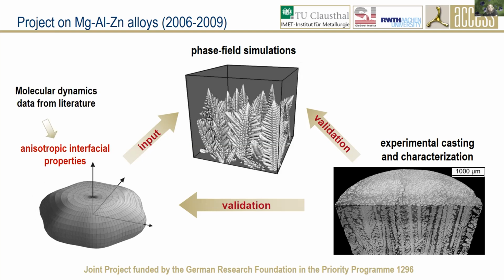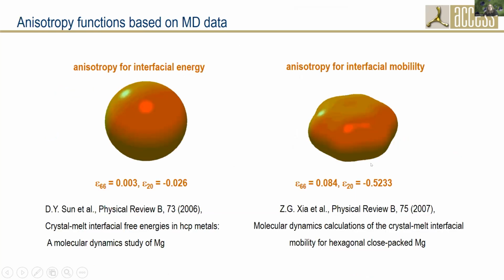And indeed, we were lucky that some data were then published from molecular dynamics calculations for pure magnesium. And this we took as a starting point for our simulations, applied them in our simulation and tried to validate them by experiments. This I like to show here.